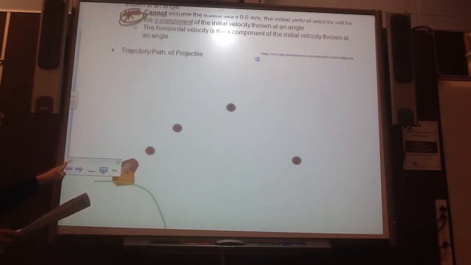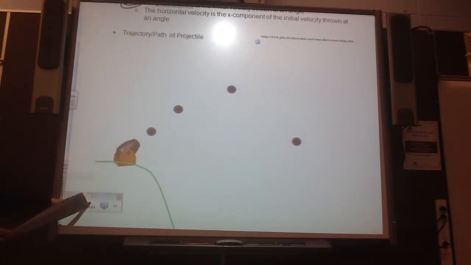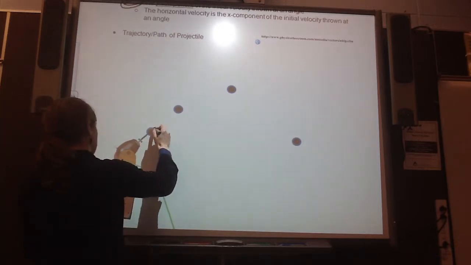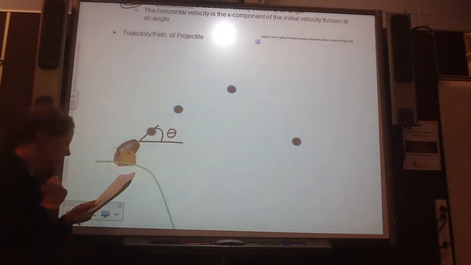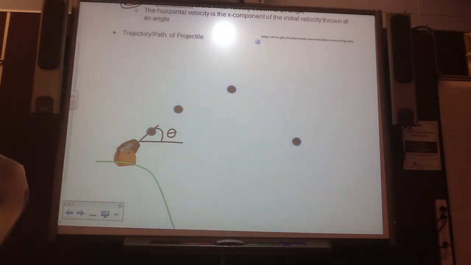So if we were to draw in the vector arrows of our cannonball, here is our theta, the angle that it was projected at. Now normally, in most of our questions, say it tells you 30 degrees, that's 30 degrees relative to the ground or wherever it was shot out at.